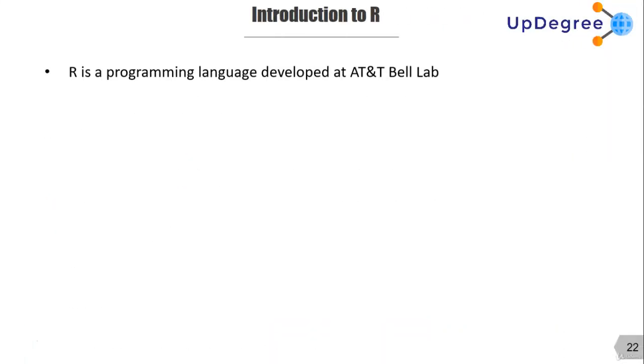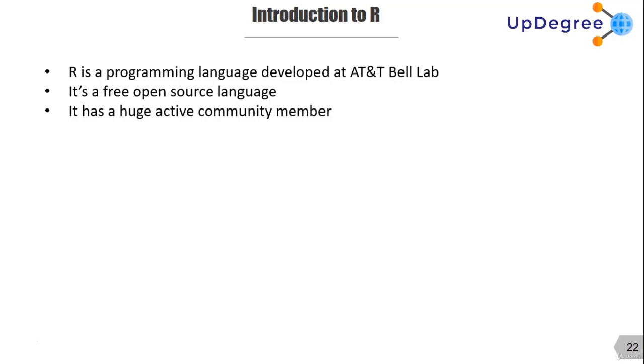So first of all, R was actually developed at AT&T Bell Labs. It was a free open source language, so you don't need to pay to use R, and that is the reason it is so popular. In the last 7-8 years, a huge community was created.